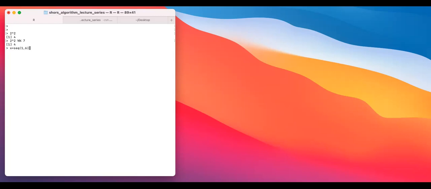Now I want to generate everything. So for example, I want to create a sequence x equals the sequence of 1 to, for example, 6. So what I'll do is 2 raised to the x modulo 7.